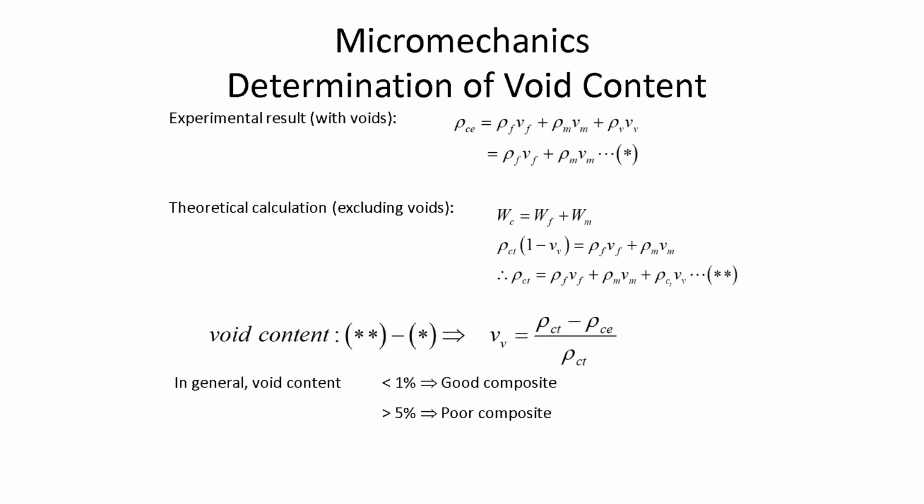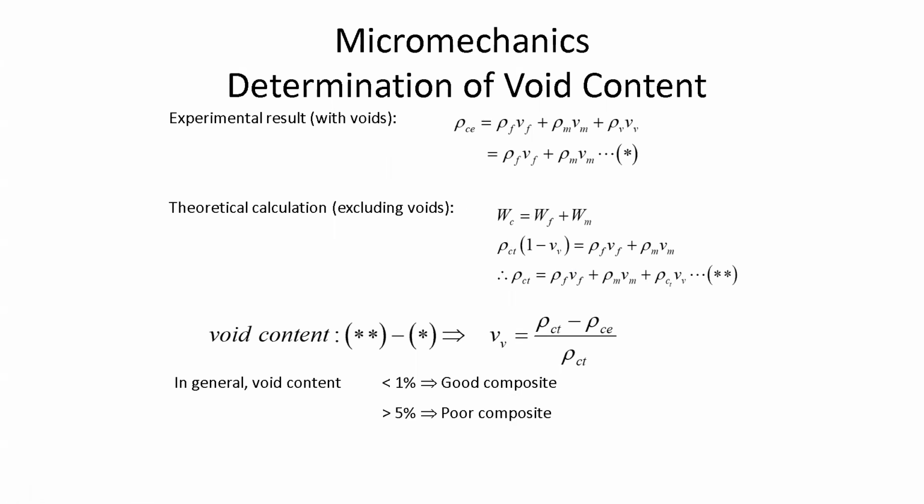I know the contribution on the right-hand side very well, and I want to calculate V here. I may not know this, but I know this. I know the experimental value and I know the theoretical calculation. I can use this data to help me decide how much the void volume fraction really is.